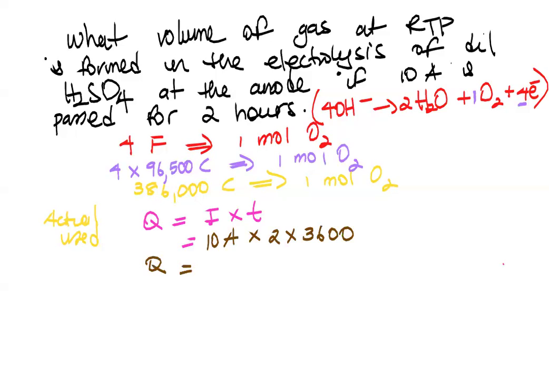How do I know that? There's 4 electrons here. Look at it. To 1, and this is 1. 1 is understood in front of the oxygen. So that'd be 4 Faradays being required, right? So 10 by 2 by 3600 will give me the charge. That'd be 72,000 C. Am I correct?